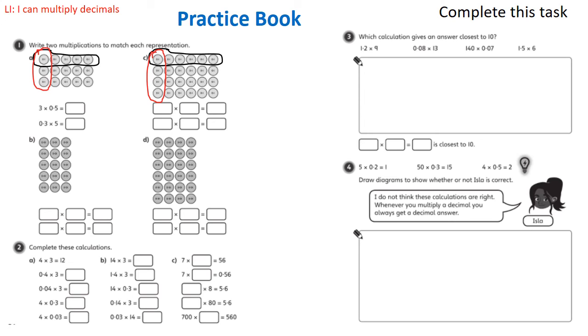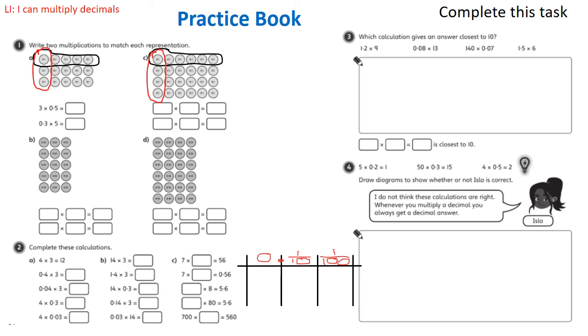In question 2, my top tip is going to be to have a place value grid to help you. So this is all about our known facts. So if 3 times 4 ones equals 12 ones, 3 times 4 tenths is going to equal 12 tenths.